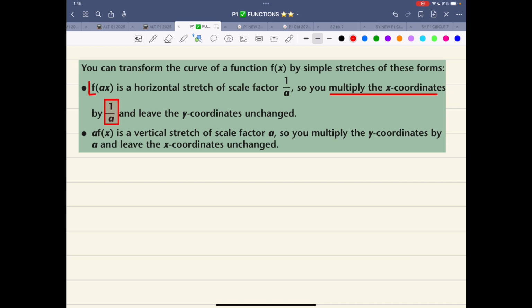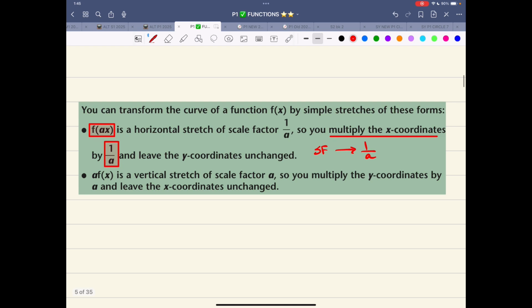And this is f of ax. Whatever is the coefficient of x, the multiplication factor, the stretch factor, let me write it over here. Stretch factor is 1 over a or 1 over k, where a is the coefficient of x. So a is the coefficient of x when we are talking about a horizontal stretch.